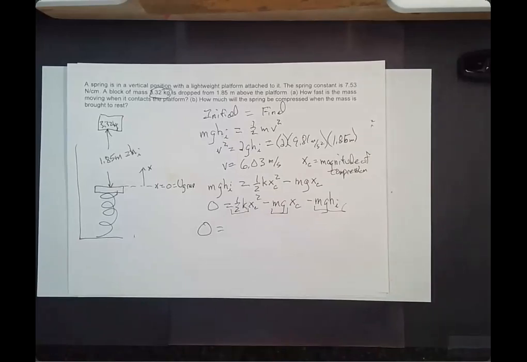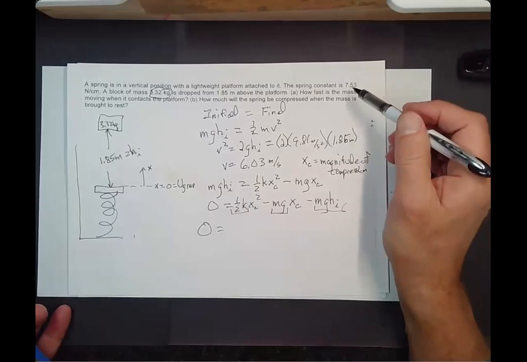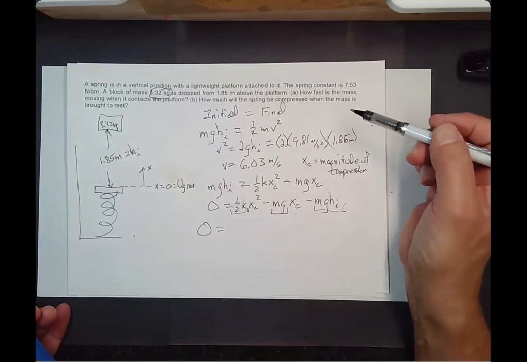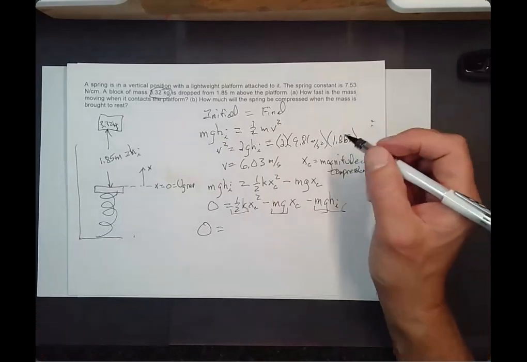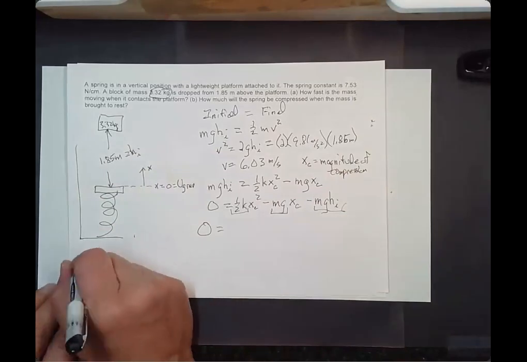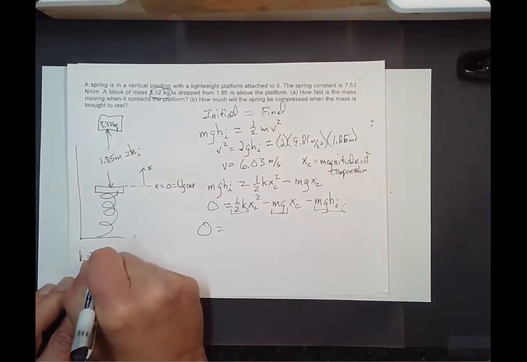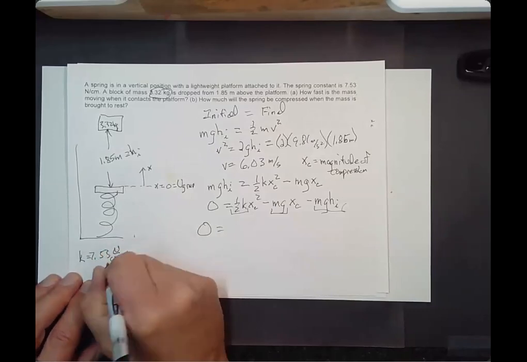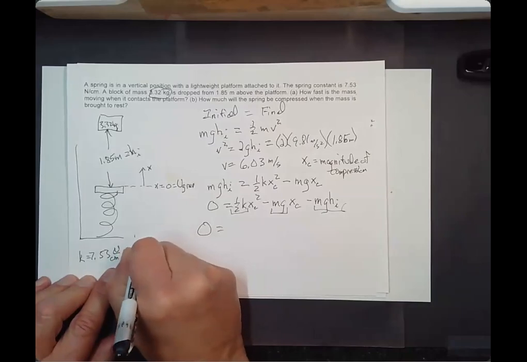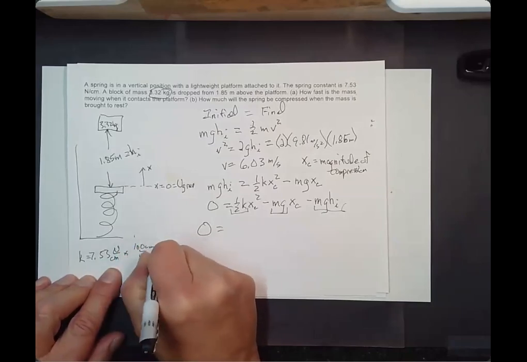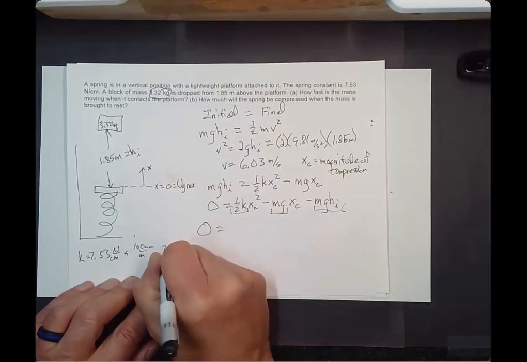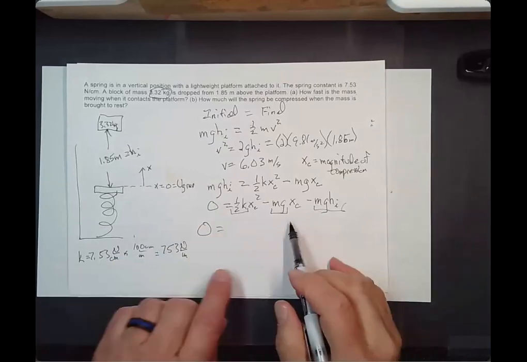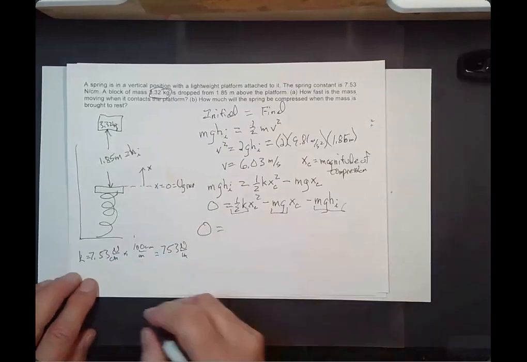1/2 k is going to equal, I think I'll have to convert this to newtons per meter. 7.53 newtons per centimeter times 100 centimeters per meter, and it'll be 753 newtons per meter. No surprise there. mg, I can figure out that.